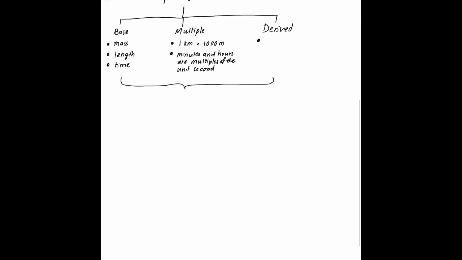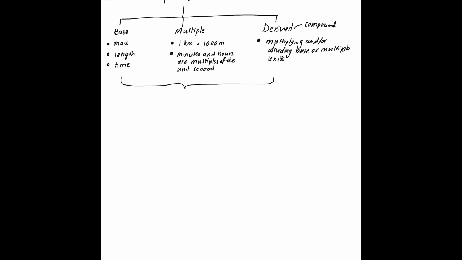And the third type is derived units, which are also known as compound units, which are obtained by multiplying and or dividing base or multiple units.